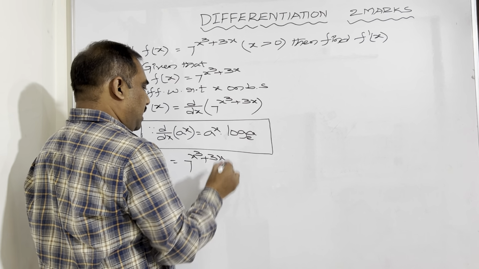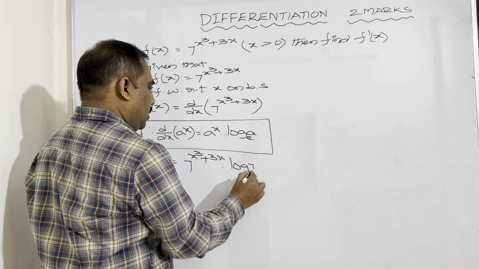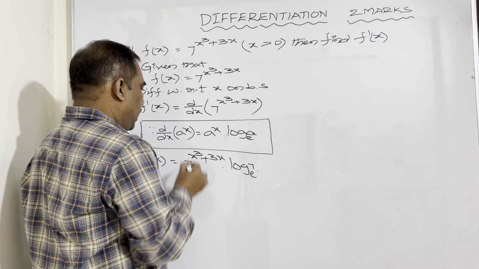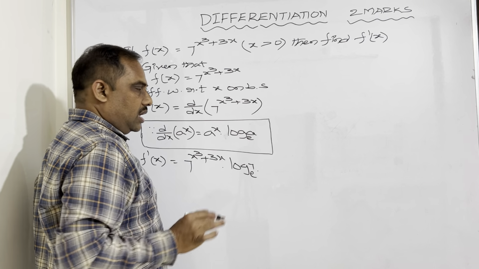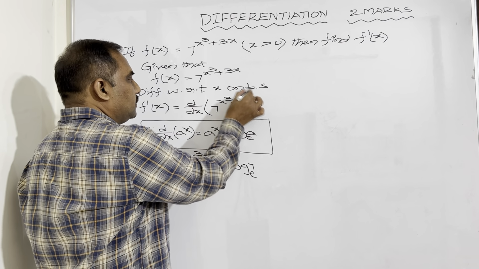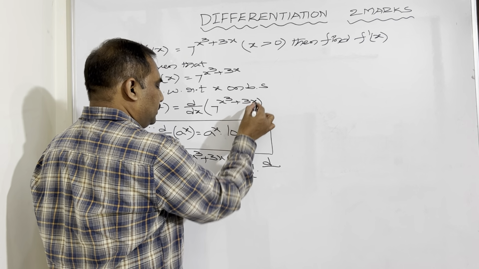into log a. So that means log, what is a here? 7, no? Log 7 base e into, again here x is there, we have the derivative is a power x into log a. With respect to x derivative is 1. But in place of x here, we have x cube plus 3x.